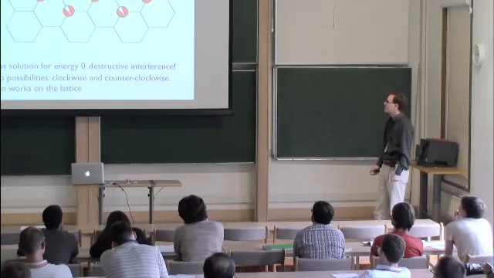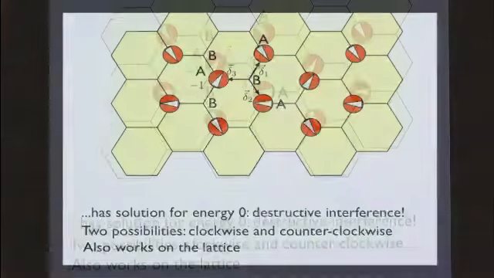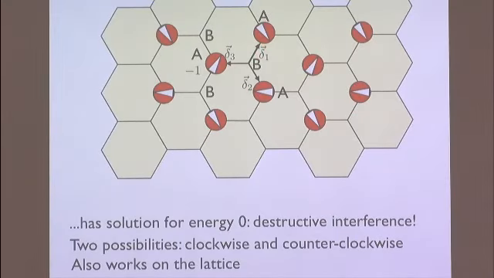Okay, good. Now, the funny thing about this construction is you can also extend it to the lattice. Look here. So in this lattice, I denote every other site by A and the rest of the sites by B. These are two sublattices. And the structure of the hexagonal lattice is such that A sites only connect to B sites and B sites only connect to A sites.